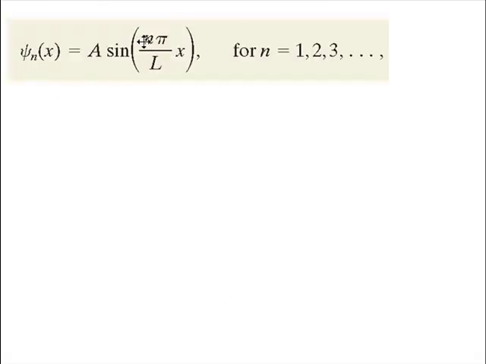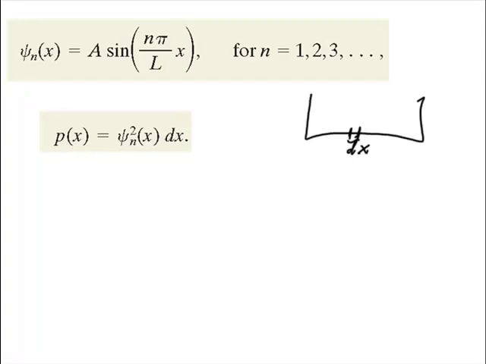Now remember the meaning of a wave function. The meaning is that we get a probability distribution by squaring it. In other words, the probability of finding the particle between a point x and a point x plus dx, just a little bit further away, is equal to the wave function squared times dx.